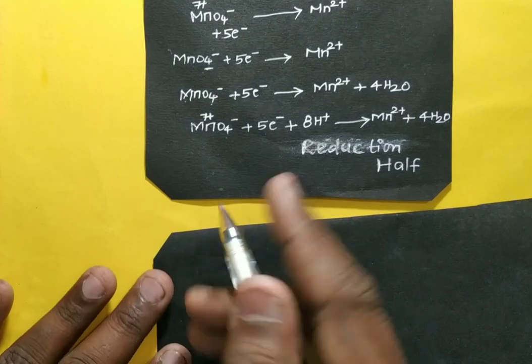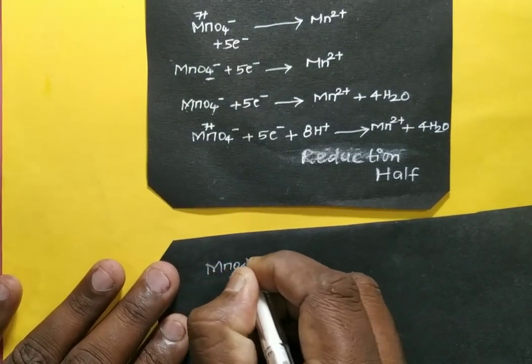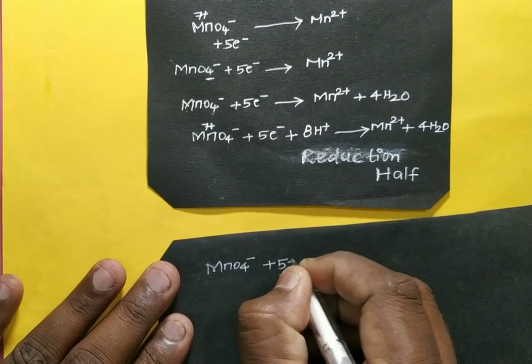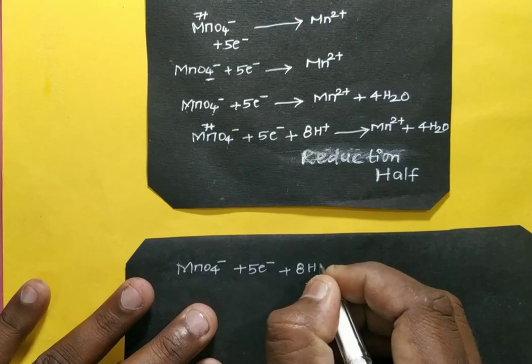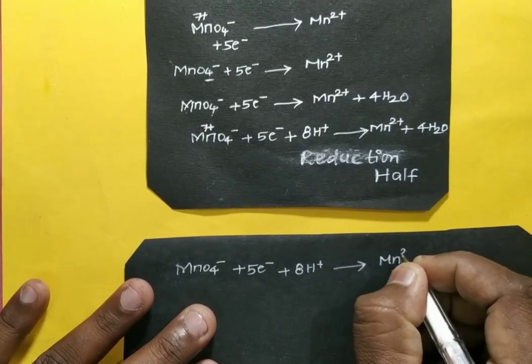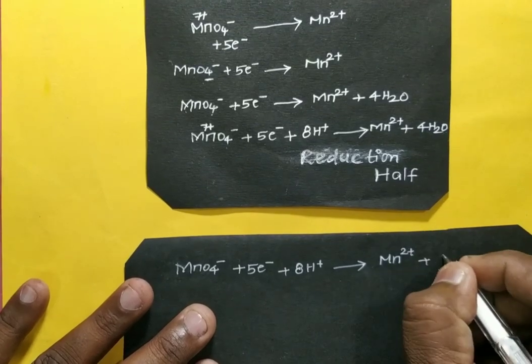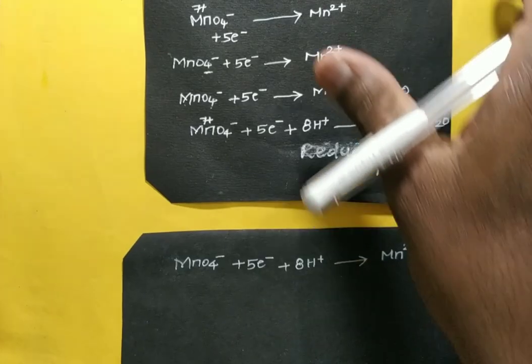The reduction reaction is MnO4 minus with 5 electrons with 8 H plus giving Mn2 plus with 4 H2O. Are you able to understand? And we also balance the oxidation half.